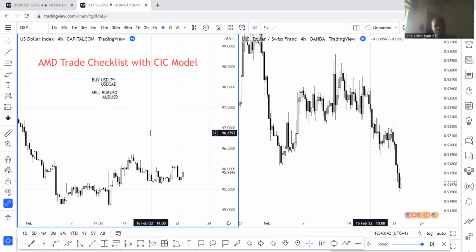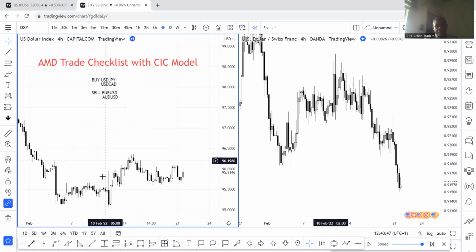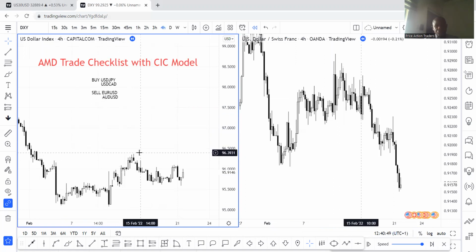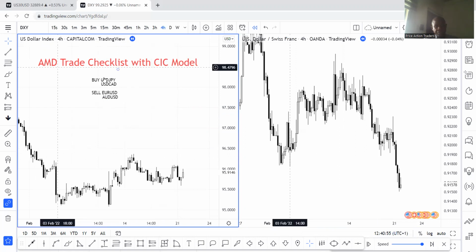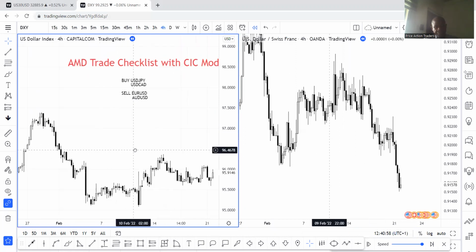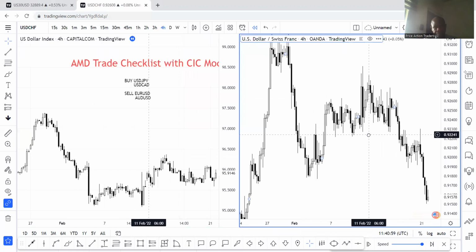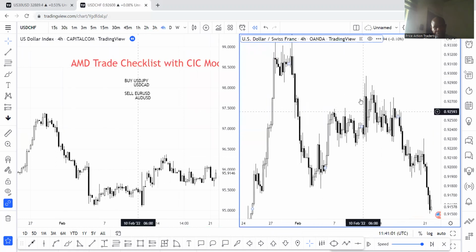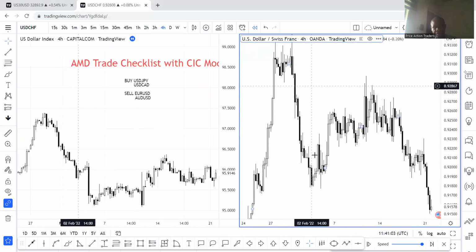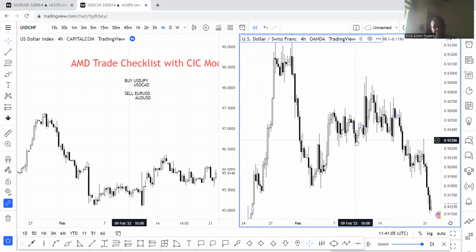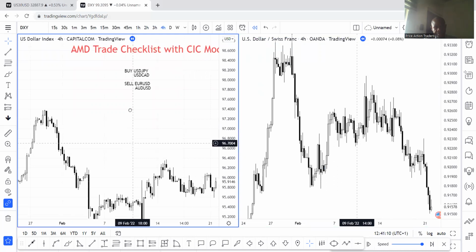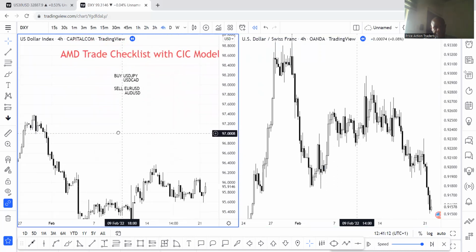So what is correlation? Cracking correlation is simply a divergence between two pairs that are moving in the same direction. Like for example, if you watch here, we have this downward trend, right? And the same thing under this US dollar index, we have downward trend.